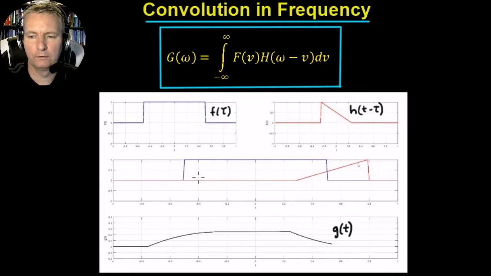We convolve the two together, and you can see where we have the overlap, for example at a point in time here, this is the overlap. That overlap will give you the height of the function here, which is your convolved function. So let's go ahead and have a wee look at that in Matlab.